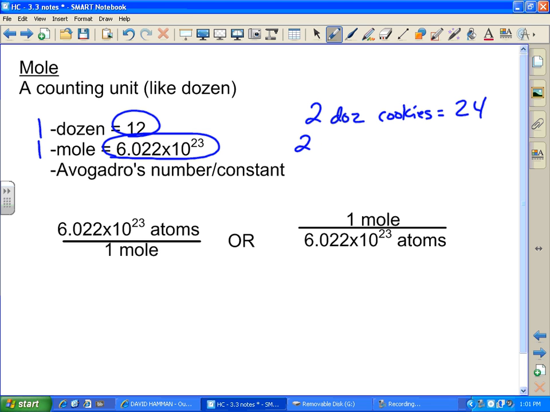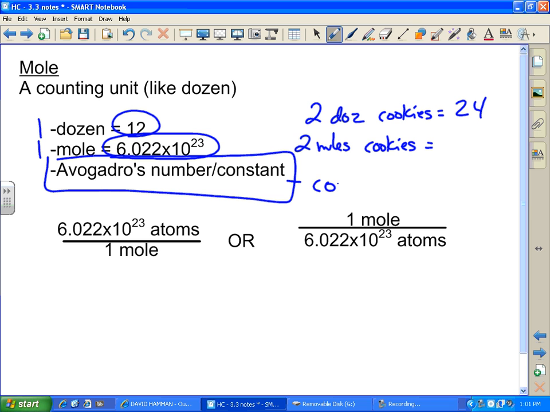Well, now we could say 2 moles of cookies equals quite a few. We'd all like to have 2 moles of cookies, or I would actually prefer to have 2 moles of pennies, because that would make me excessively rich.